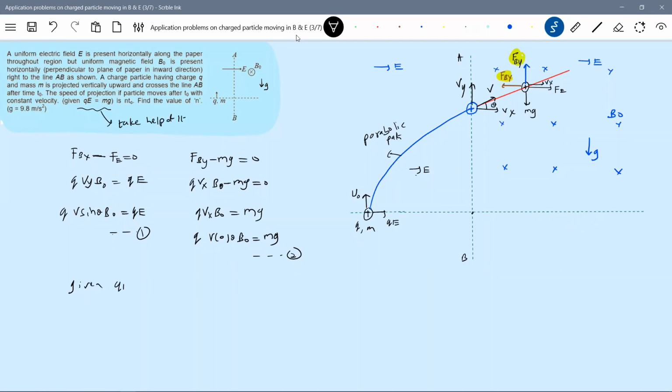Given, QE equal to mg. So based on that, I'll equate these. How much will sine theta get? Theta will be 45 degrees. So theta equal to 45 degrees means, what does it mean?